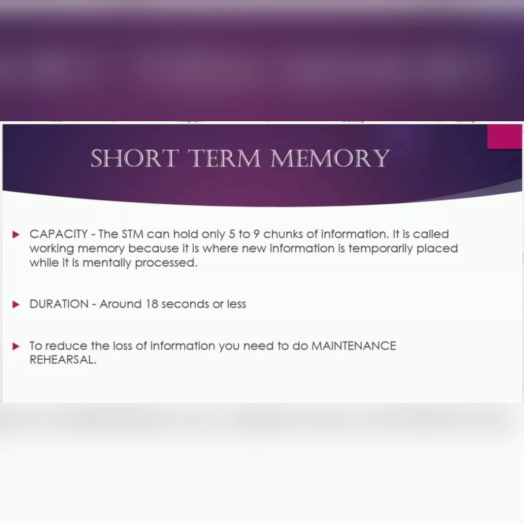The capacity of the brain of some people can only hold 5 to 9 chunks of information with a duration of around 18 seconds or so. To reduce losing information, you have to review. With short-term memory, when you're having a problem remembering, you can easily forget the information.